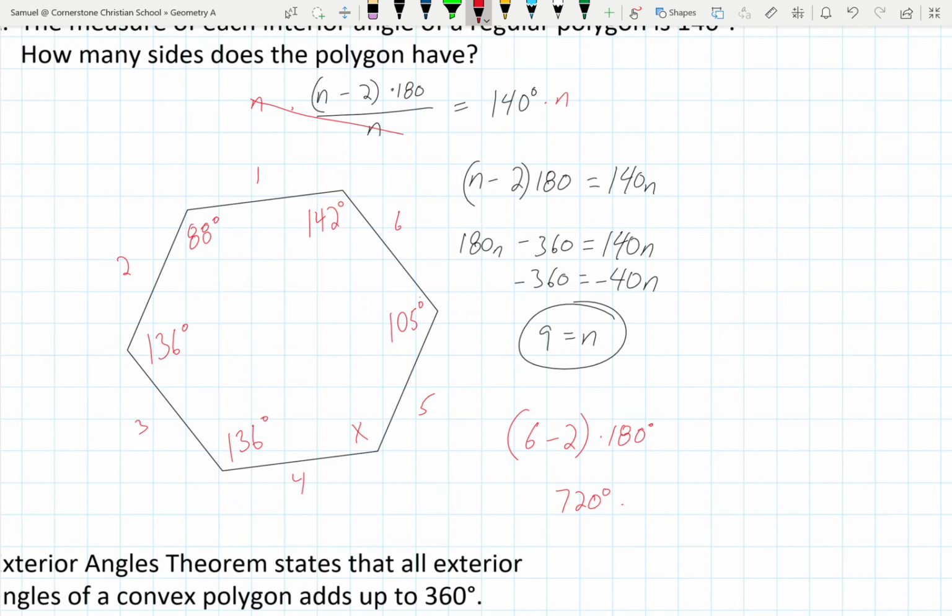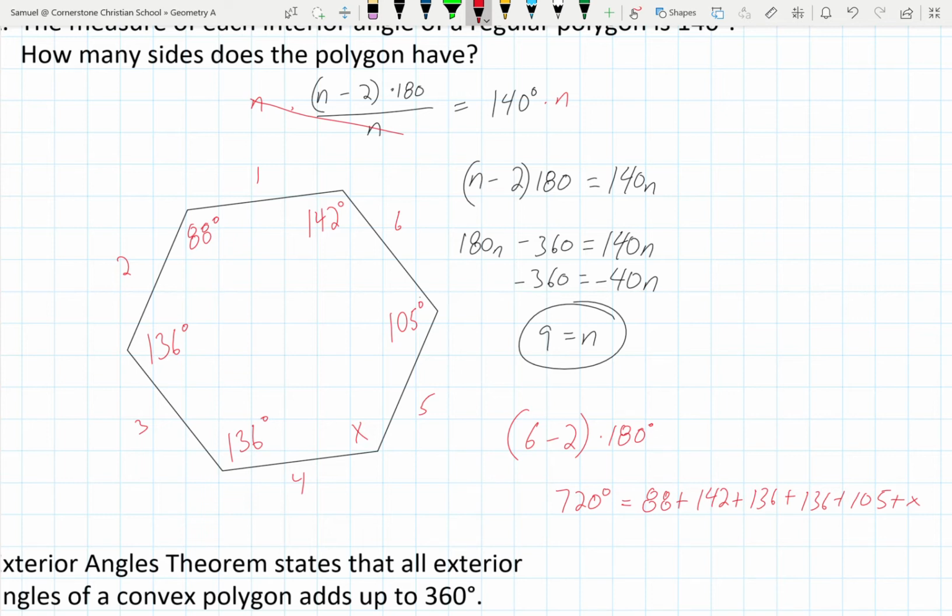And so what I'm going to say is, well, then 88 plus 142 plus 136 plus 136 plus 105 plus x, all of them should add up to be 720 degrees.